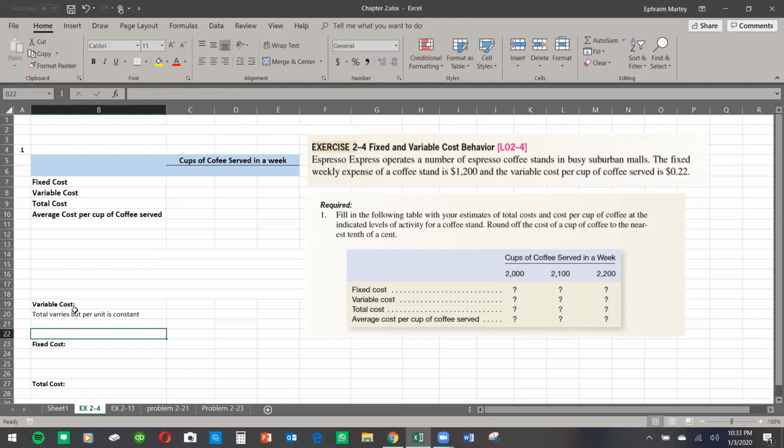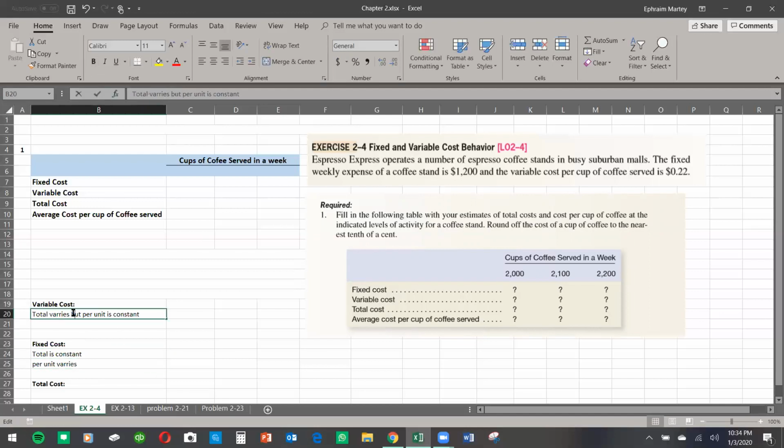The total cost will vary depending on the number of activities, but the cost per unit is always constant. It does not change. In contrast, with fixed cost, the total is constant. The total of a fixed cost does not change, and per unit varies.